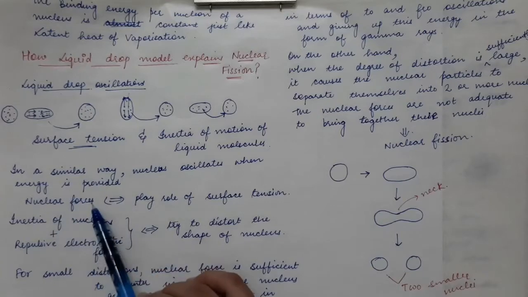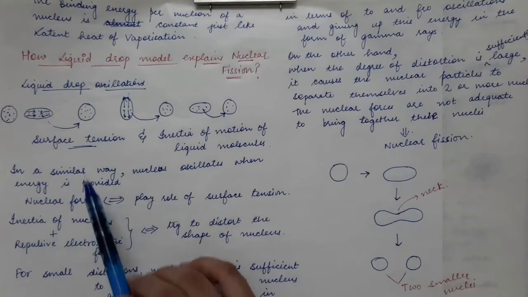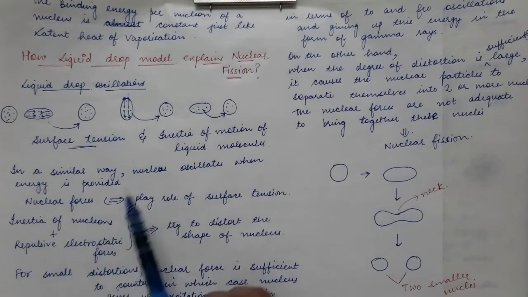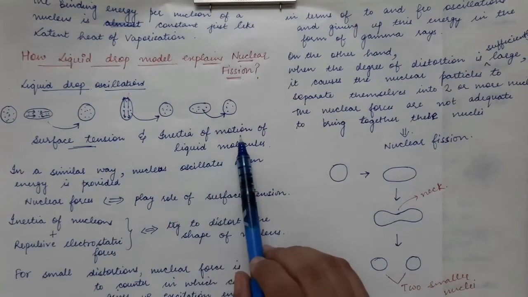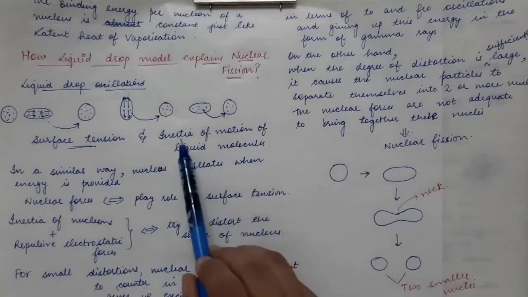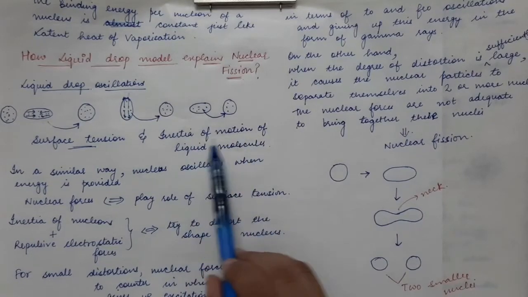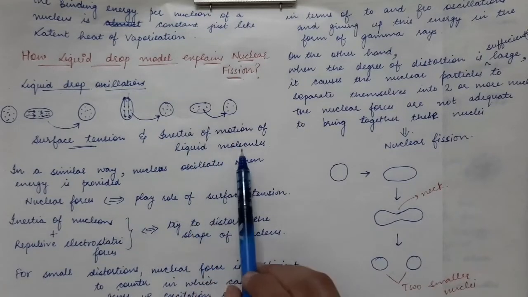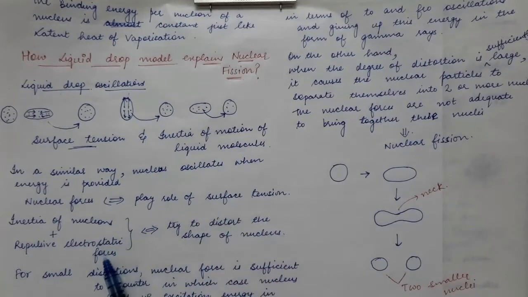So the nuclear force will tend to bring back the shape of the nucleus to a spherical shape. Then in place of inertia of motion of the liquid molecules, which is responsible for distorting the shape, in case of the nucleus we will have inertia of nucleons.